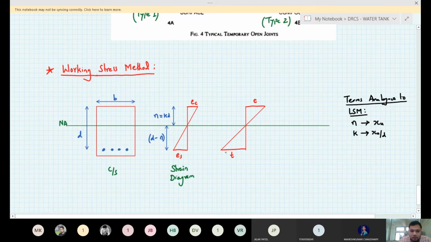So we can say T is the tensile stress in the reinforcement.